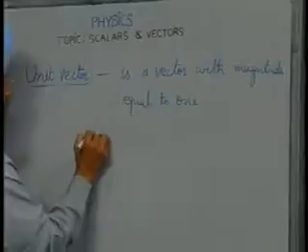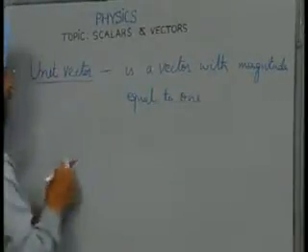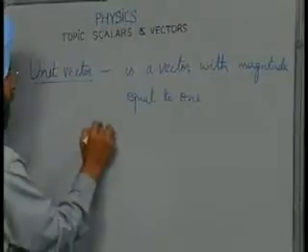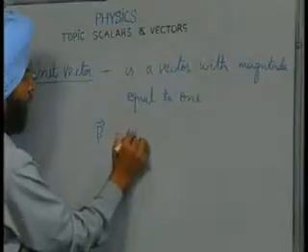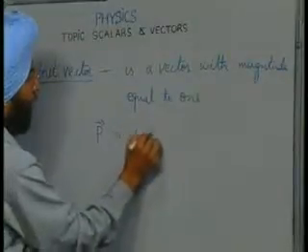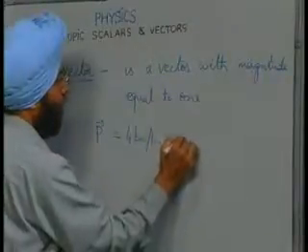Supposing we have some vector P, it is say 4 kilometers per hour towards east.